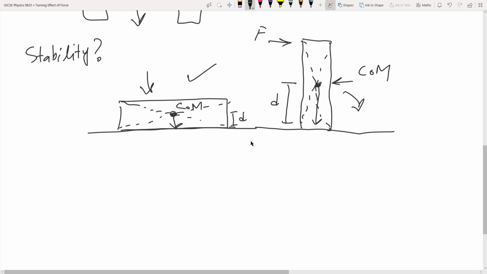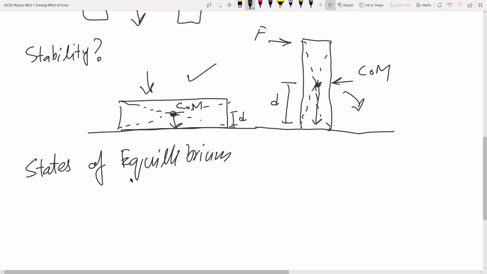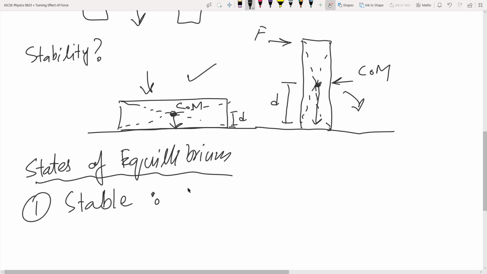So over here we will understand some states of equilibrium. Now do not confuse this with conditions of equilibrium, right? There are 3 states of equilibrium. Number 1 is stable, and we discussed what is stable.